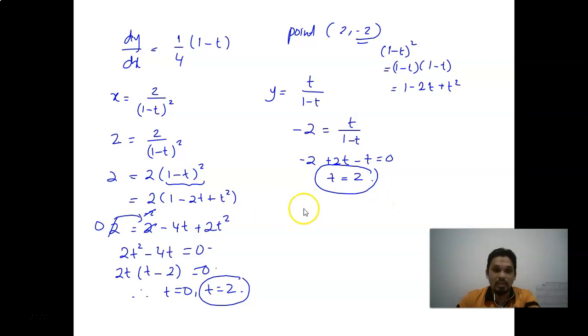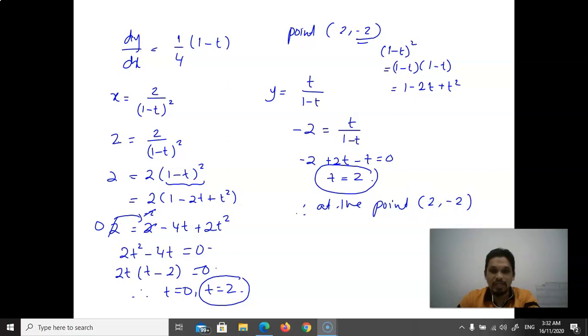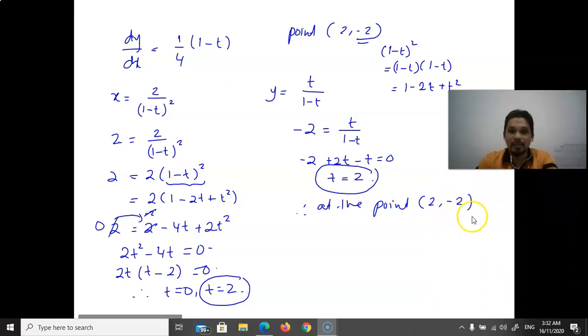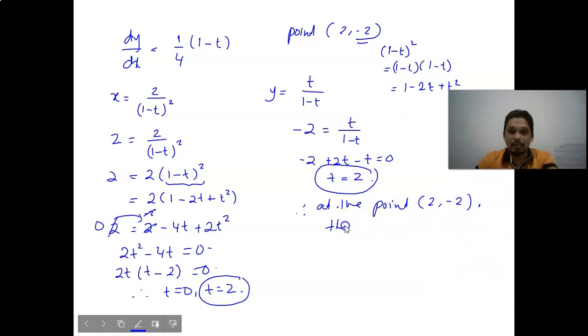So we come up with a conclusion that at the point of x equals 2 and y equals negative 2, t equals 2.